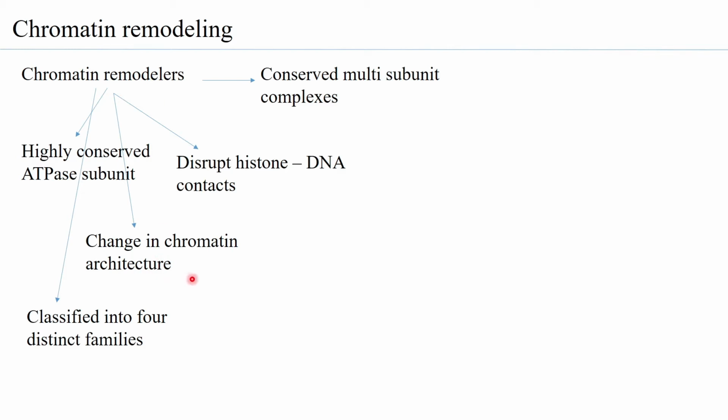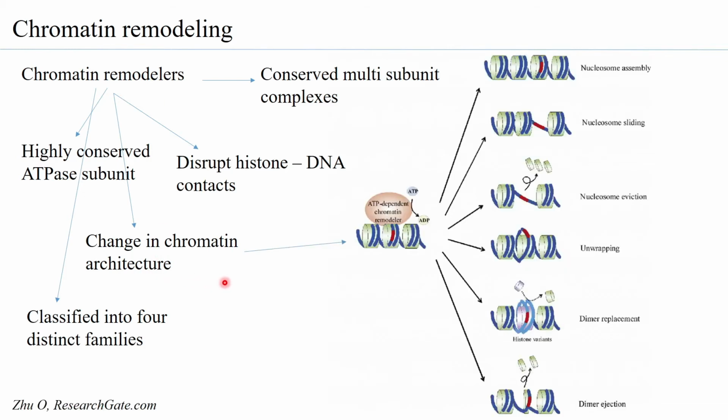Now, what kind of changes are possible is what we will look at. When a chromatin remodeler binds to the chromatin, the conformational change in the remodeler activates its ATPase, and ATP gets converted to ADP. With this, you can have nucleosome sliding.